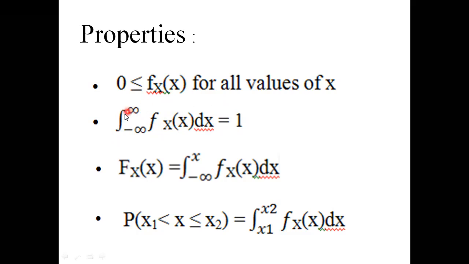This property is used in problems also. It will be used to check whether the given function is a valid density function or not. We will also do problems on this property. Remember, to check whether a function is a valid probability density function or not, this property is used.